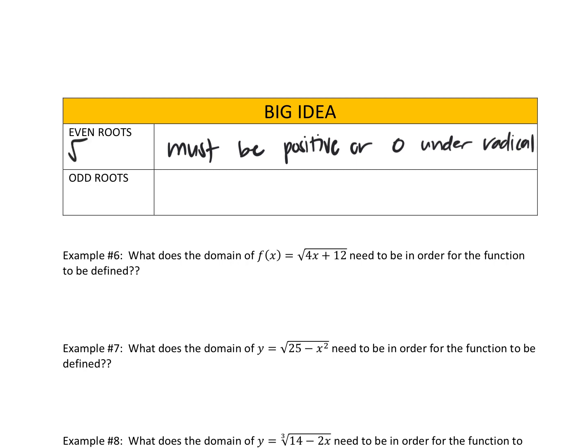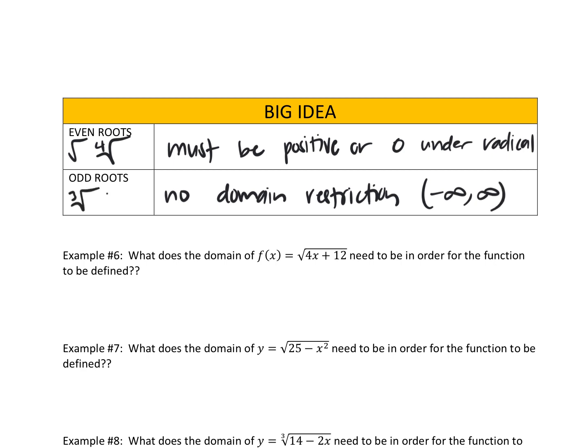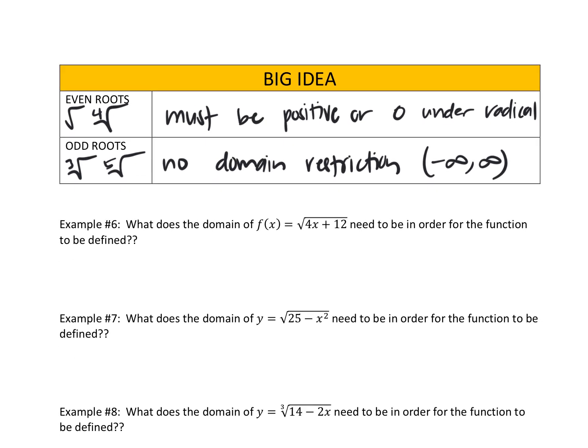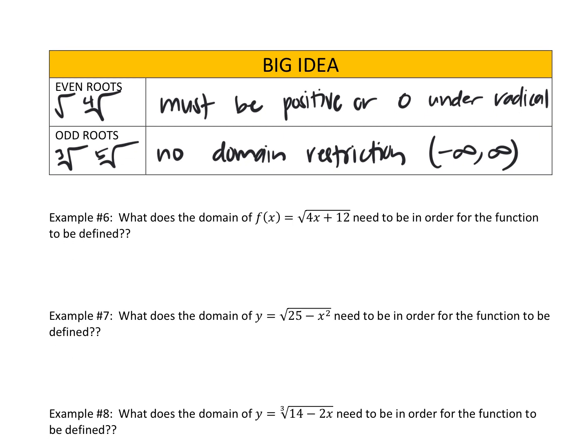Any square root, even root, whatever, okay? Odd roots for domain, there is no domain restriction. Always negative infinity to infinity. You could write all real numbers unless it says to write it in interval notation. Yes, and then write it negative infinity to infinity, okay?